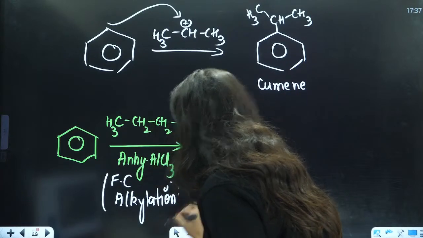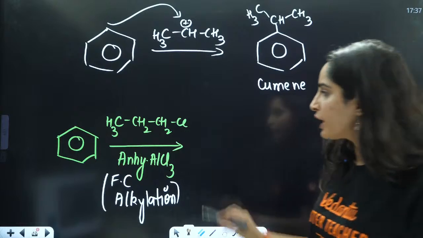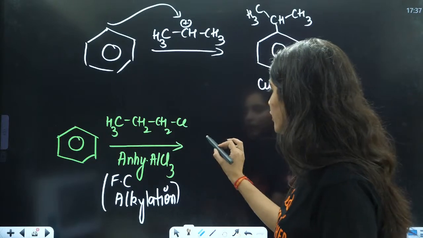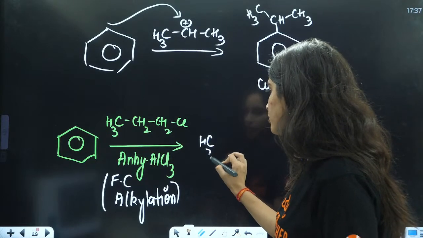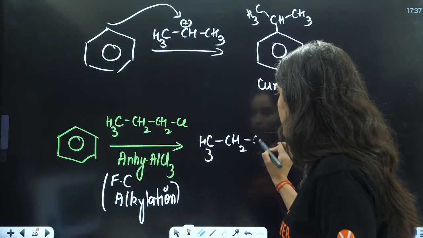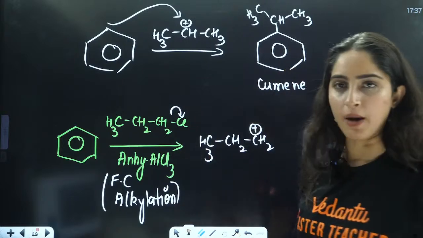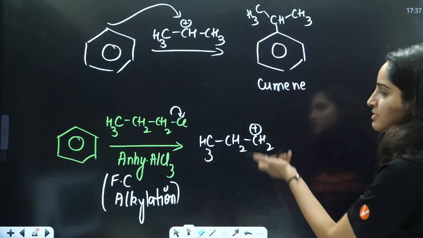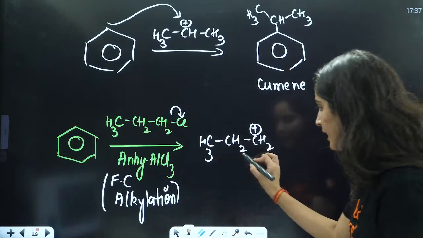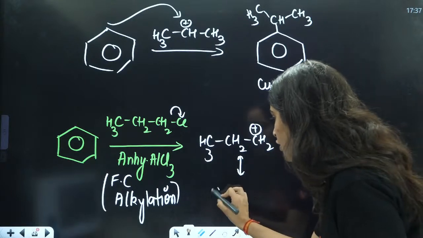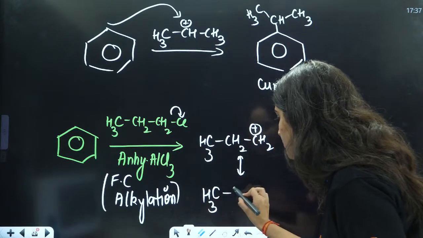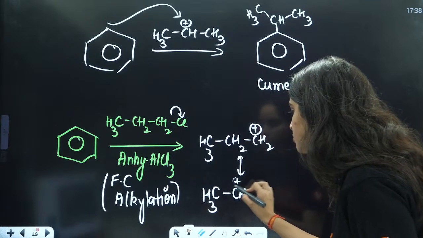Friedel-Crafts alkylation. Here you will have the formation of this kind of carbocation, that is CH3, CH2, CH2 positive, because this bond will break, electrons will jump here. Then because it is a 1 degree carbocation, it will rearrange itself to a 2 degree carbocation, because definitely 2 degree is more stable.